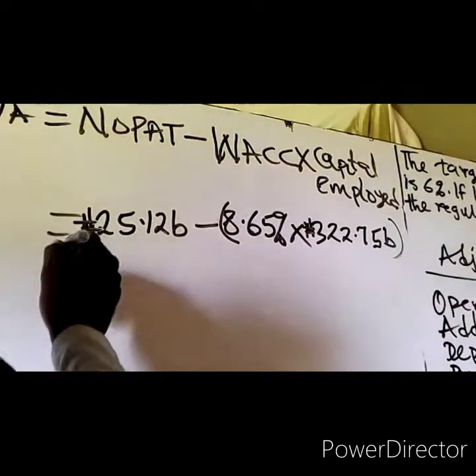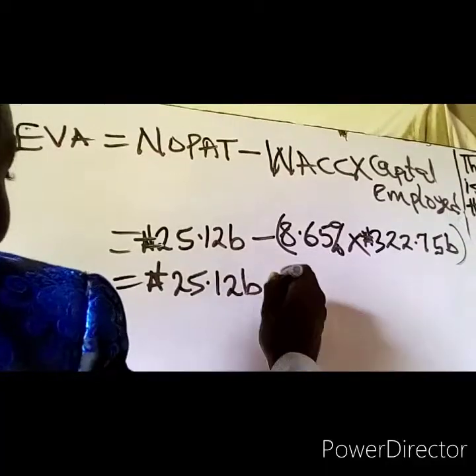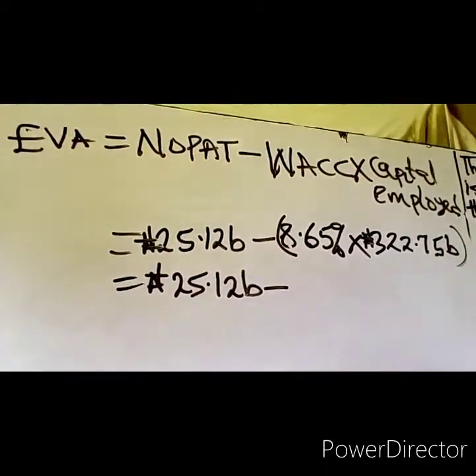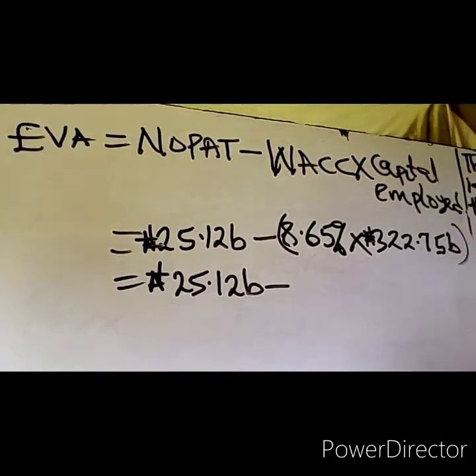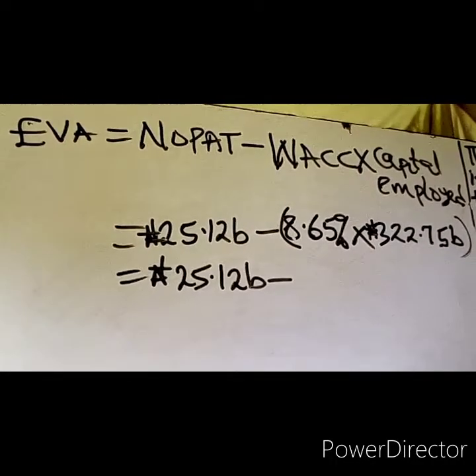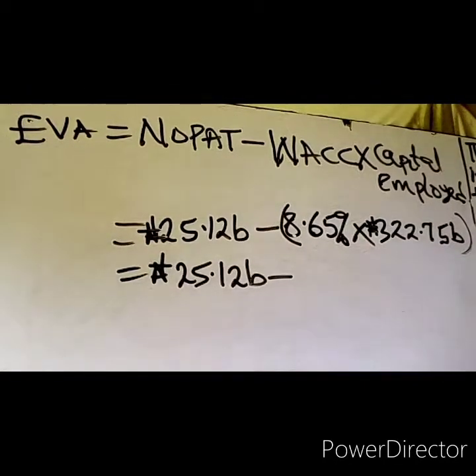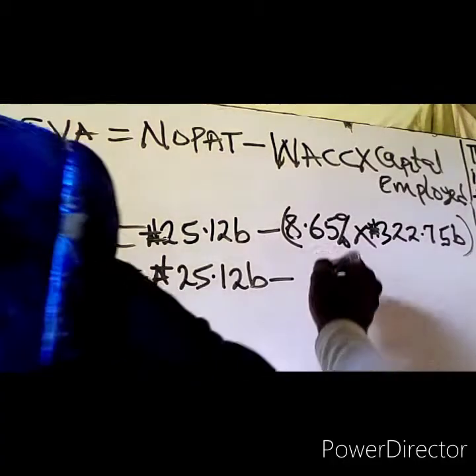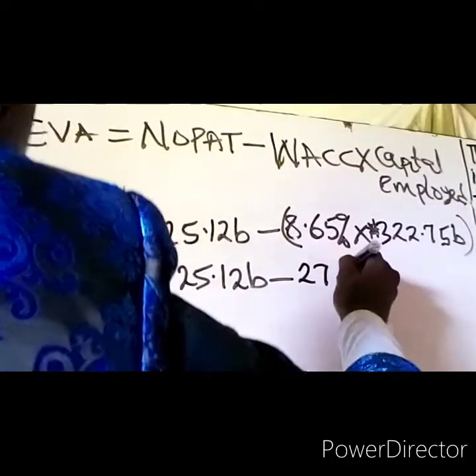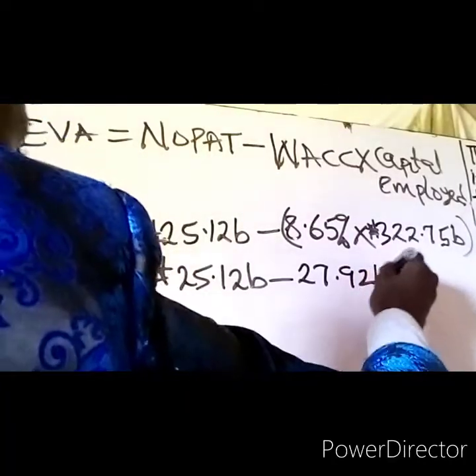So which will be 25.12 billion naira minus 8.65% of 322.75, and that will give us 27.92 billion naira.